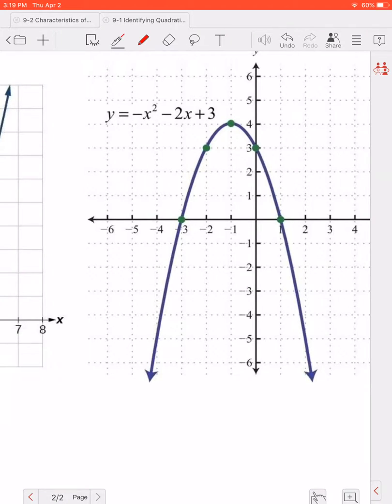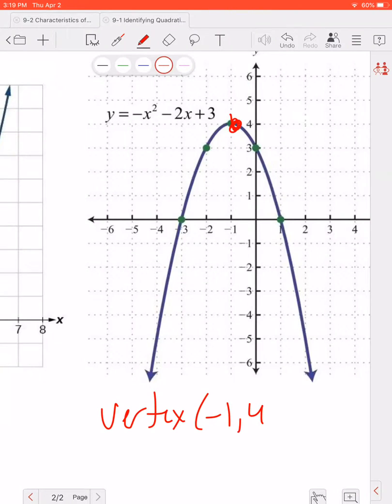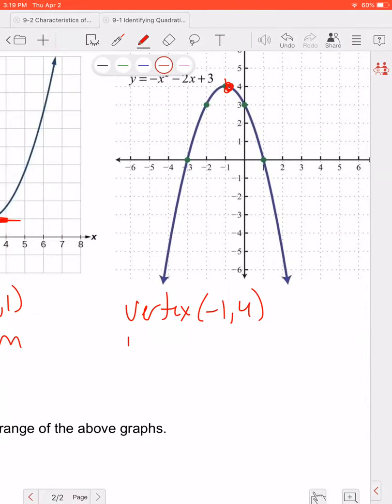Okay, so again, if I'm drawing over this, I can see we're facing downwards in this one. Okay, which means I'm going to have a maximum because this is going to go on forever, so I'm never going to be able to tell what my minimum points are. So I'm going to have my vertex at the point -1, 4, and that's going to be a maximum.